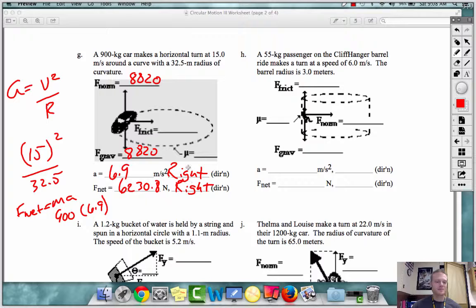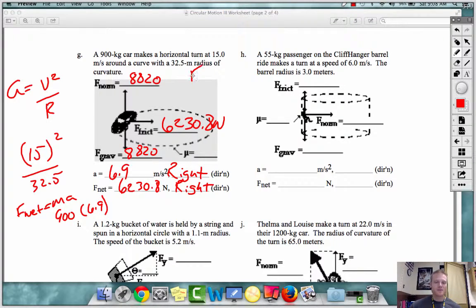Now the question becomes, well, what's the force of friction, right? Well, the force of friction actually is the centripetal force in this problem. It is the thing that's allowing the car to make this turn. And so the force of friction is F net. All right, that sounds crazy, but that's the truth. So now you know the force of friction. Cool. What about mu?